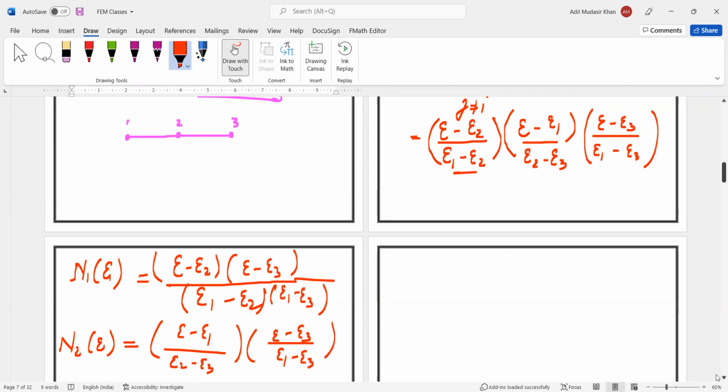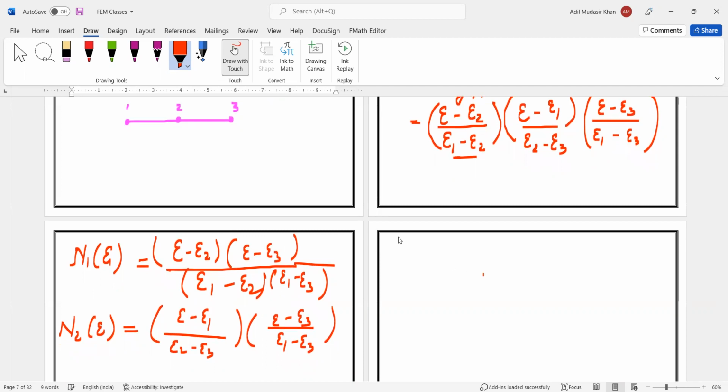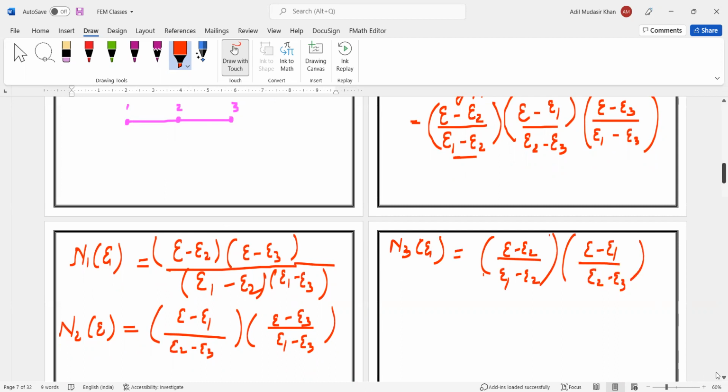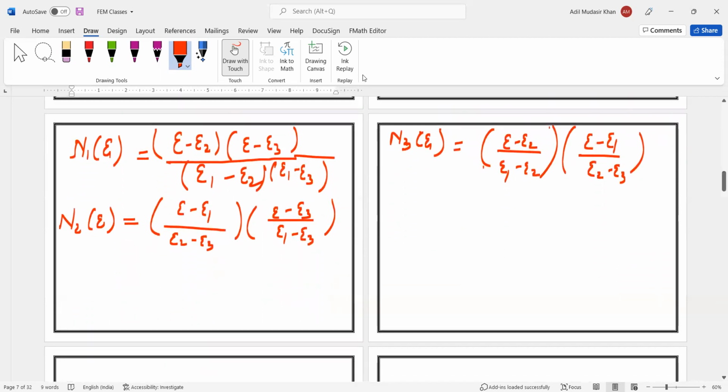And the third shape function, n3 as a function of zeta, will be equal to (zeta minus zeta 1) by (zeta 3 minus zeta 1) into (zeta minus zeta 2) by (zeta 3 minus zeta 2). Okay, now be careful about these shape functions. These are the three shape functions n1, n2, and n3 in terms of zeta.